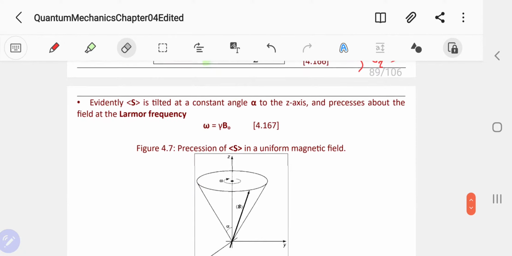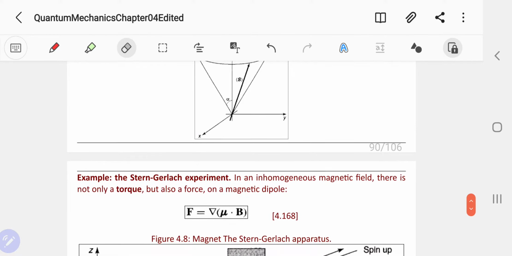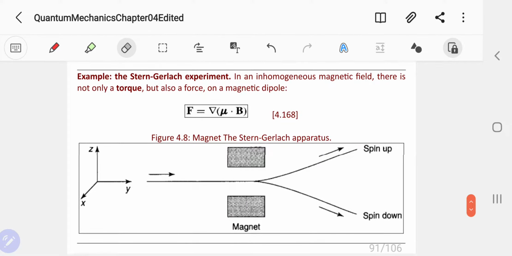So that's for that example, and then we go to the next example, the Stern-Gerlach experiment. So in an inhomogeneous magnetic field, there is not only a torque but also a force on a magnetic dipole.